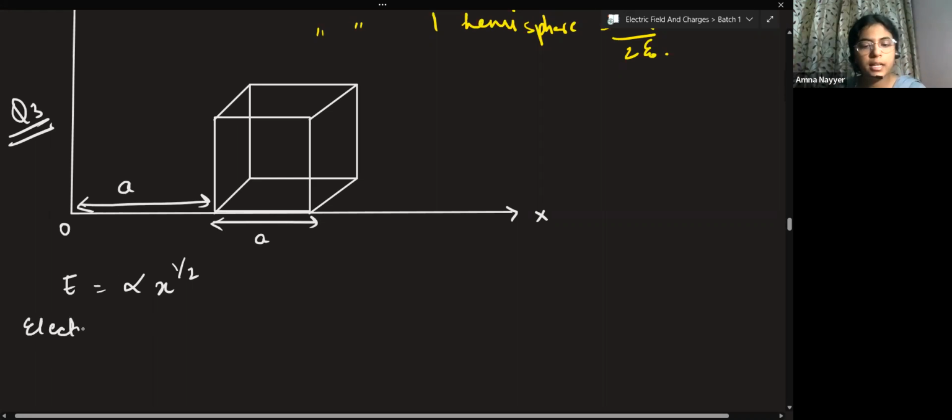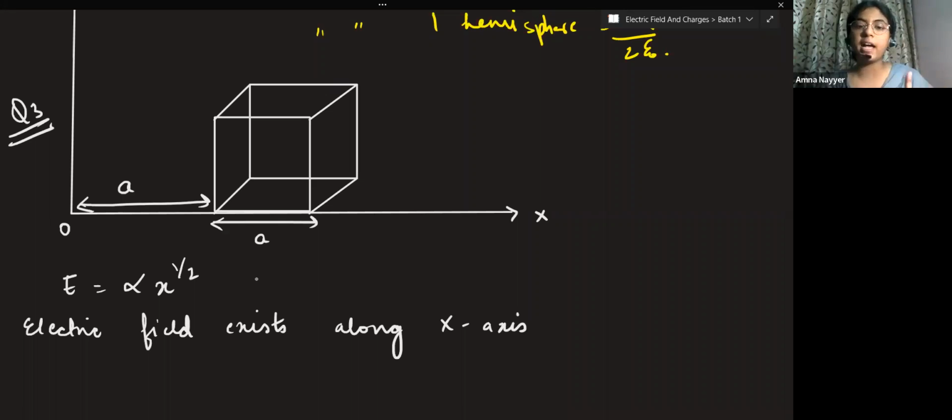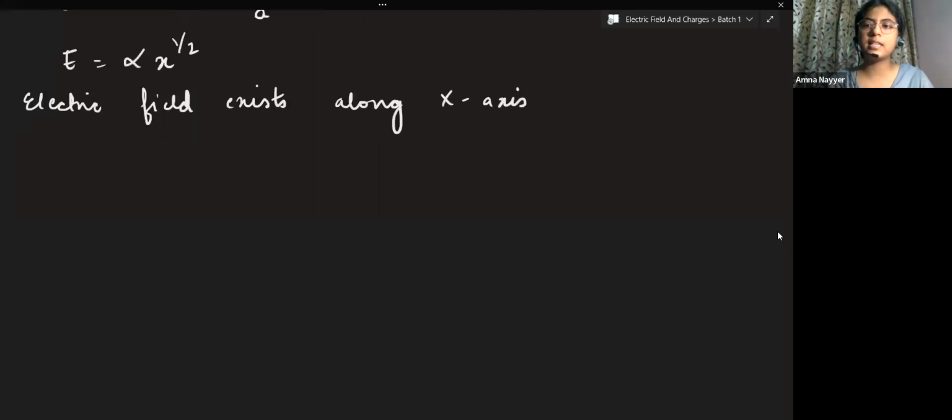So electric field exists along the x-axis. It means you have all the electric field lines along the x-axis only. No electric field line is there along the y-axis. Electric field lines are along the x-axis.